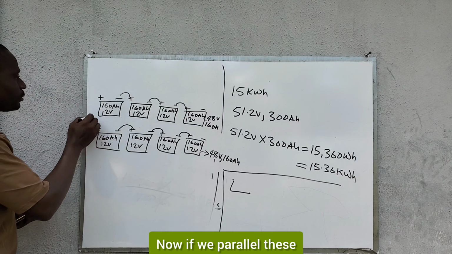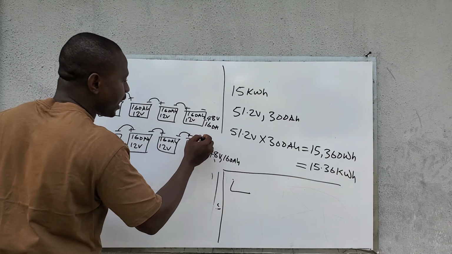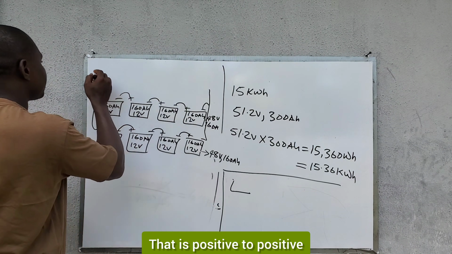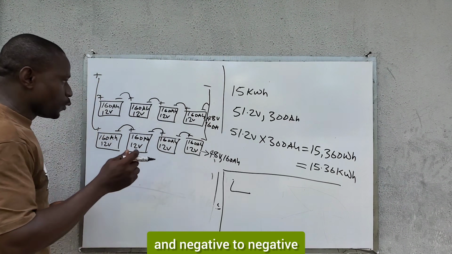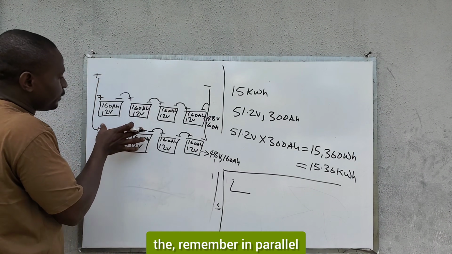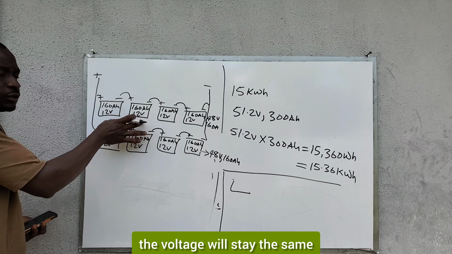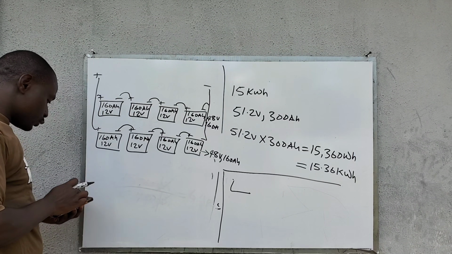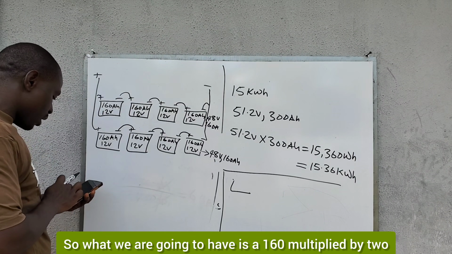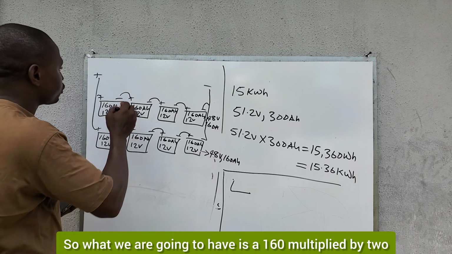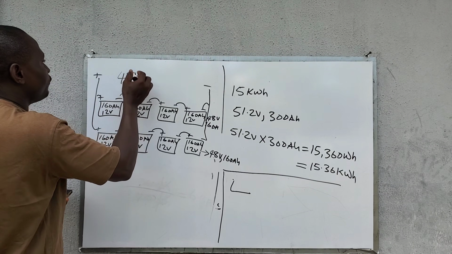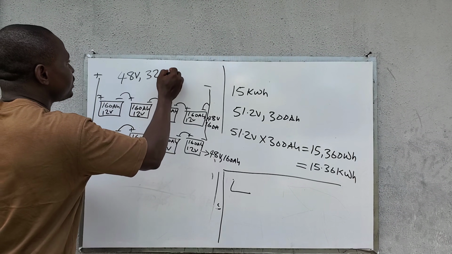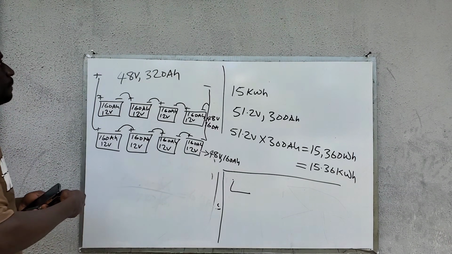Now, if we connect these banks in parallel, positive to positive and negative to negative, remember in parallel the voltage stays the same, but the capacity in amp hours doubles. So we will have 160 multiplied by 2, that is 48 volts, 320 amp hours.